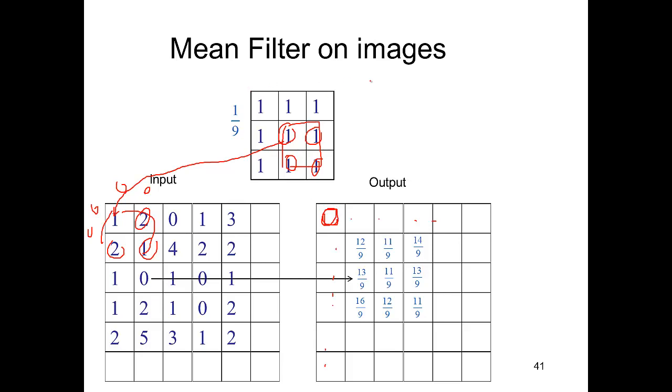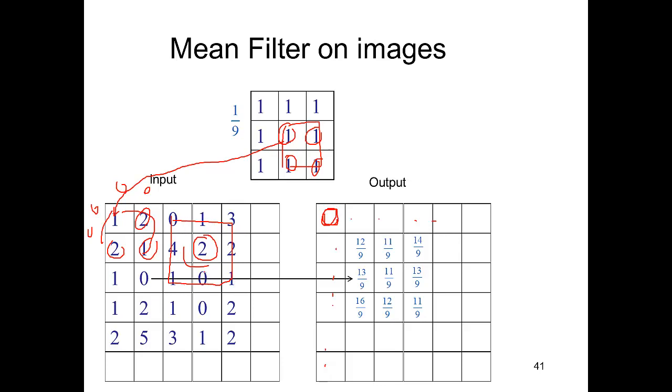What does the mean filter really do? For example, this pixel will be replaced by the average of these 9 pixels. That's the reason we call it mean filter. Sometimes we call it the average filter. For example, this is 0, 1, 3, 4, 2, 2, 1, 0, 1.